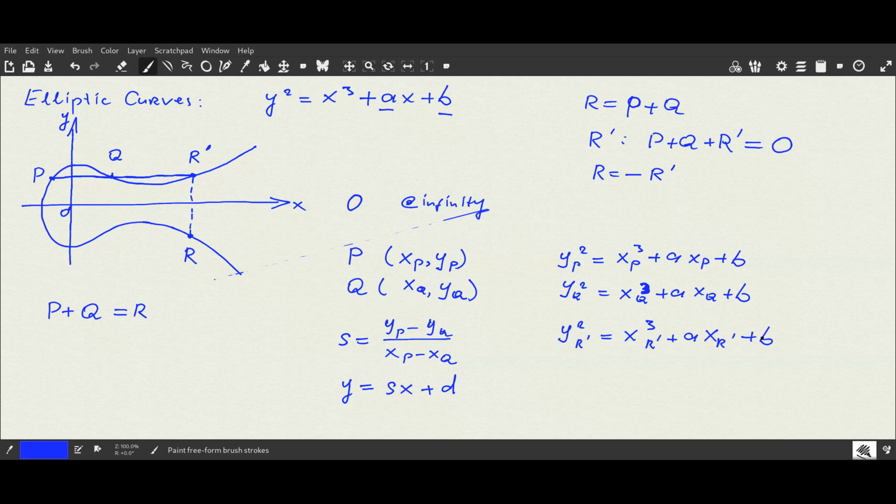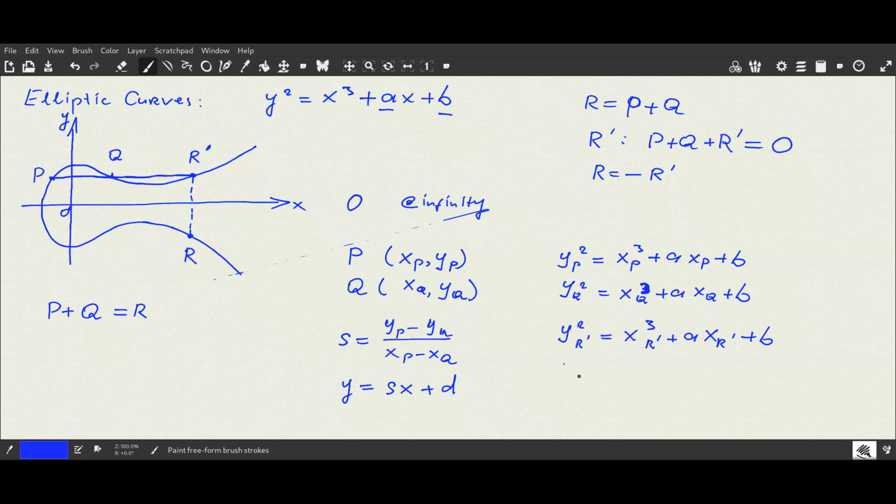On the other hand, it lies on the same extension of our original line with the tangent equal to s.